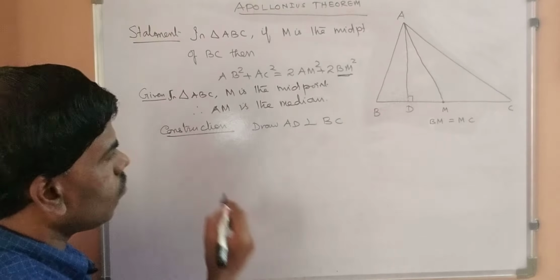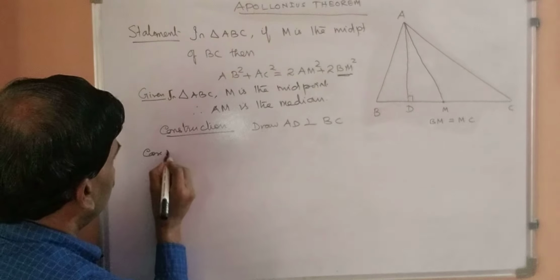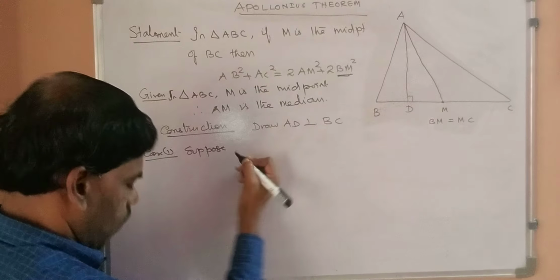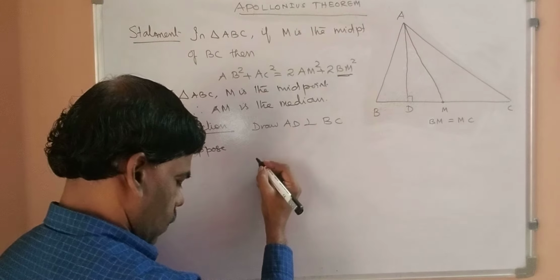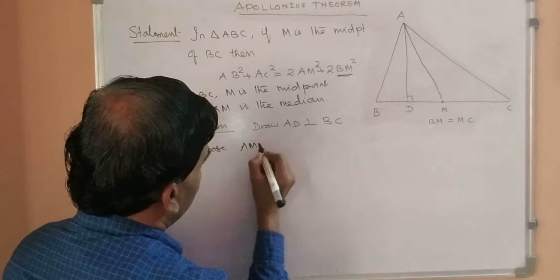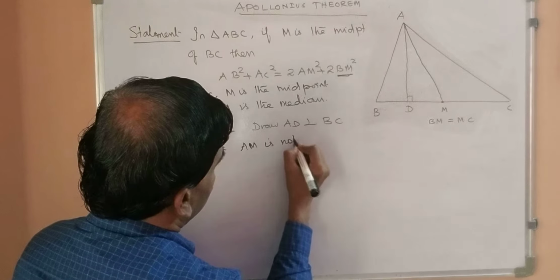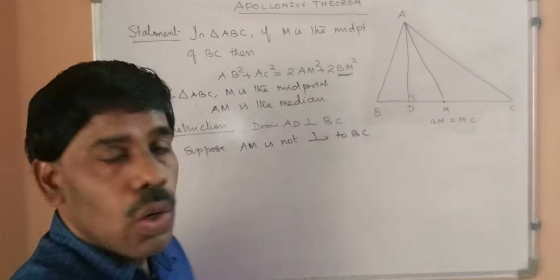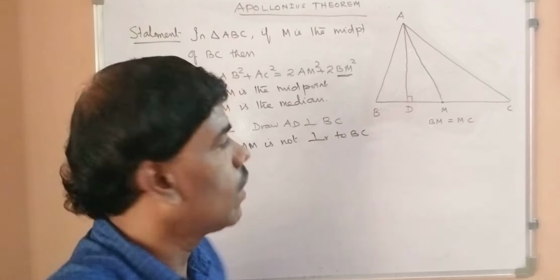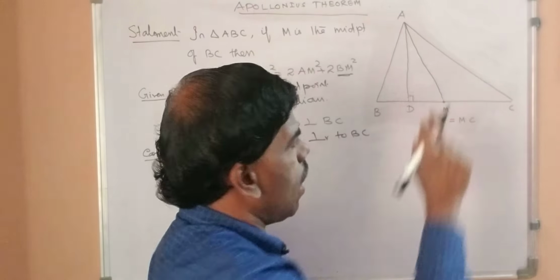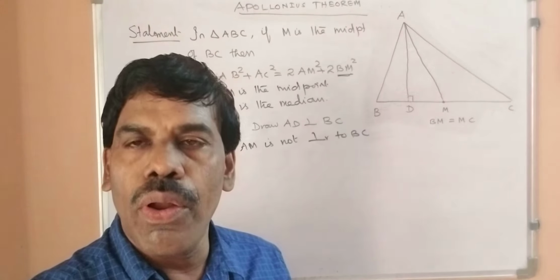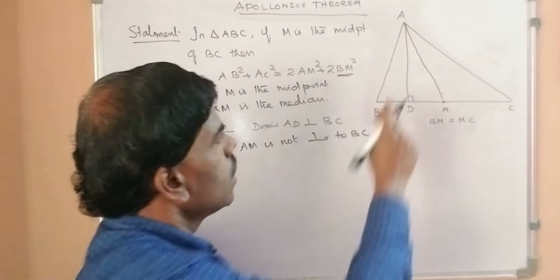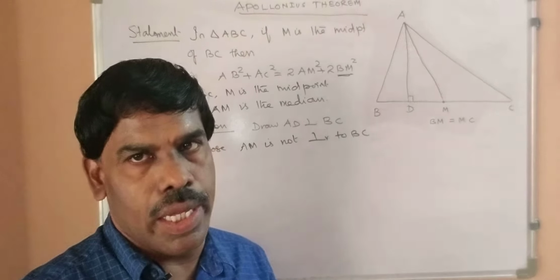Now, case 1. Suppose AM is not perpendicular to BC. Look at this very carefully. Here you see this AM appears to be not 90 degree. Agreed or not? Yes. See here, AD is 90 degree.